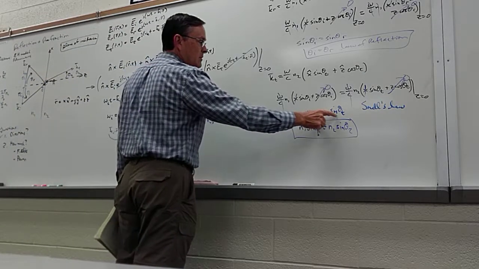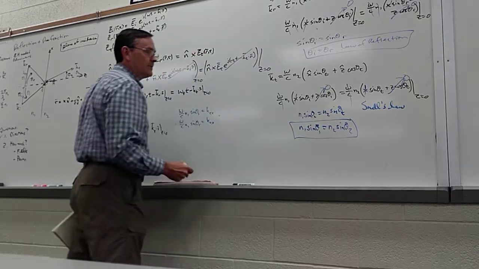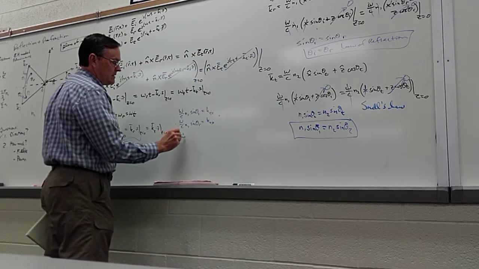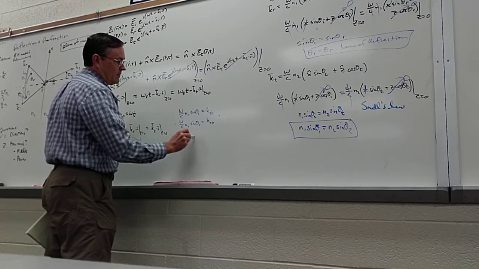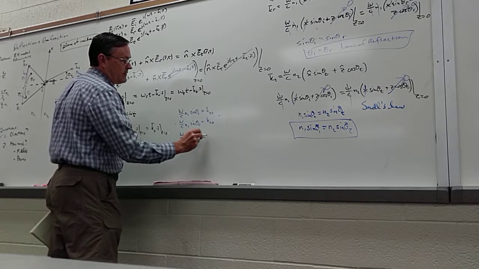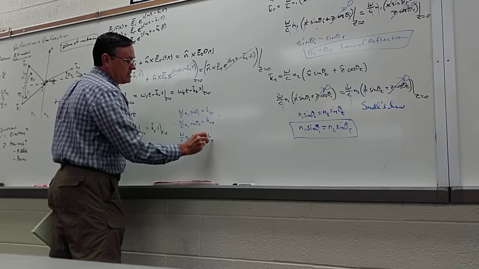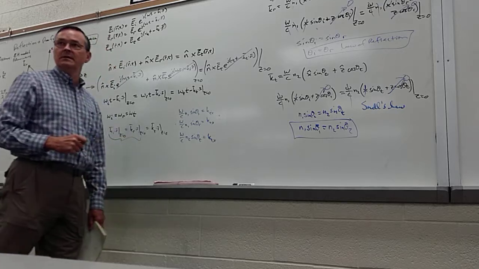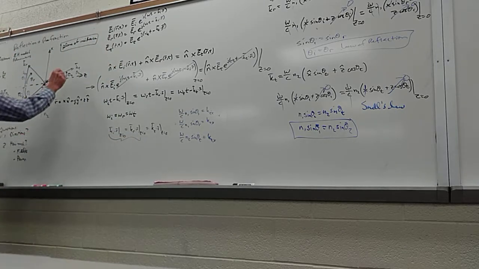And then on this side of the equation of Snell's law, if I multiply through by omega over c, then what I have is k_Tx, which is this right here.